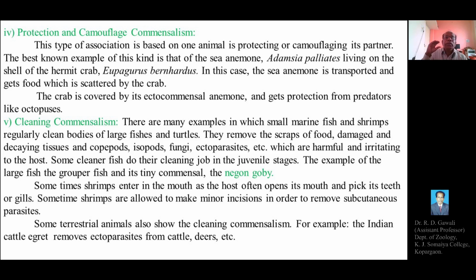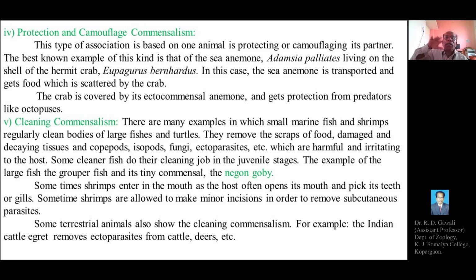The hermit crab is a host and the sea anemone is a commensal. The sea anemone lives on the back or shell of the hermit crab and is transported from one place to another. During transportation, it can also share the food of the crab.